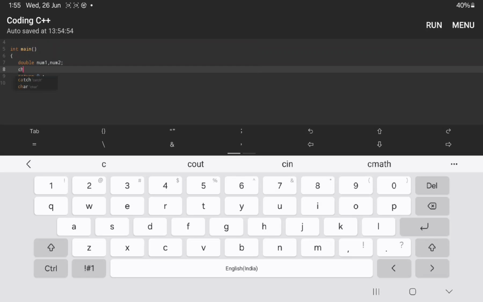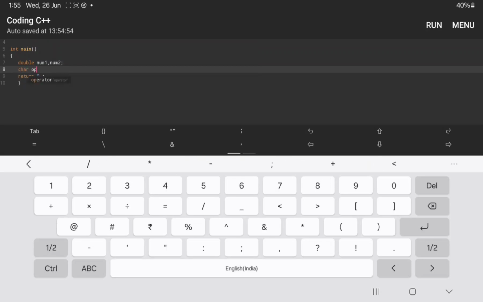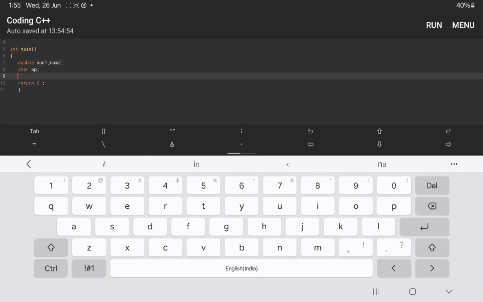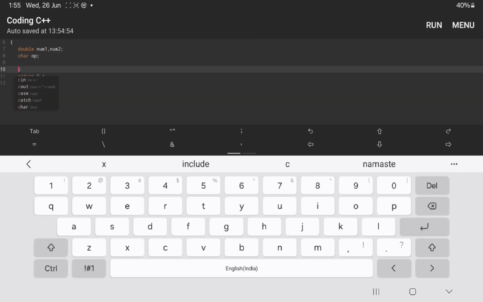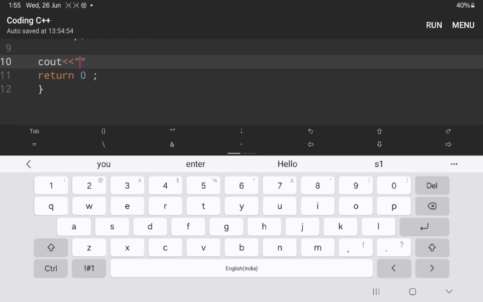Down I'm going to write char, op for operator. I'm going to write cout for printing out, enter the first number.